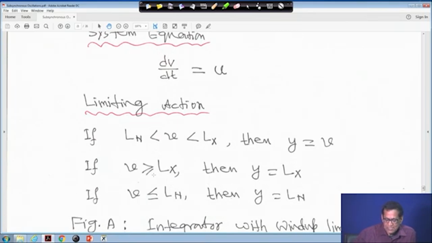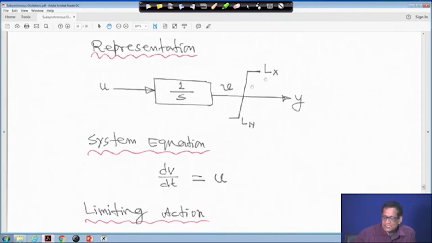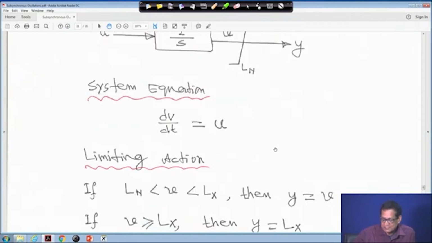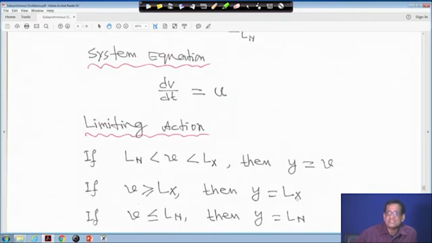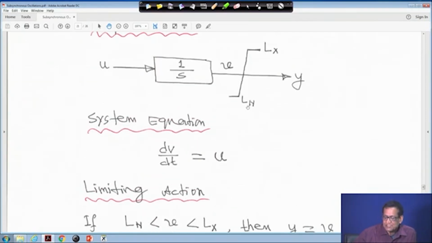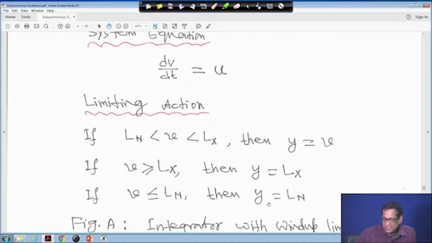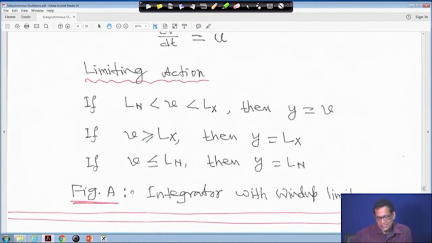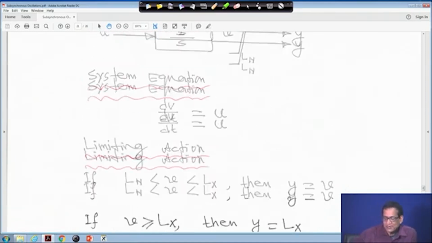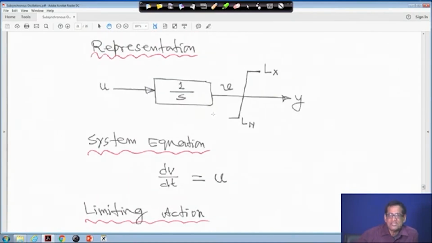Now, if V is greater than Lx, you set y equal to Lx, and if V is less than or equal to Ln, you set y equal to Ln. So, this is the limiting action, and this is figure A, the integrator with wind up limits, which we call wind up limits.